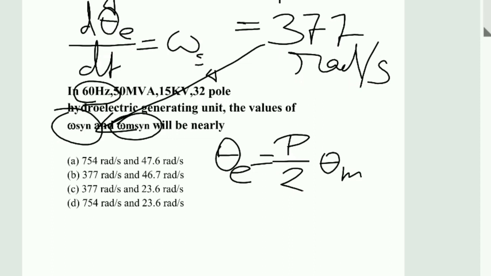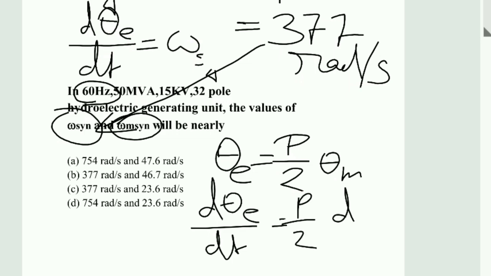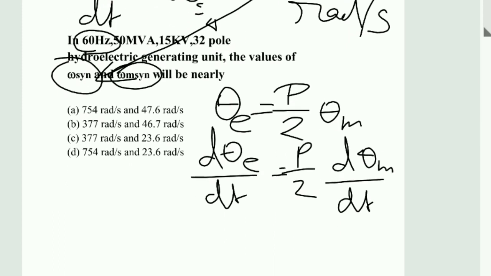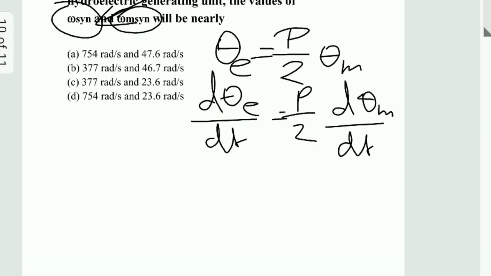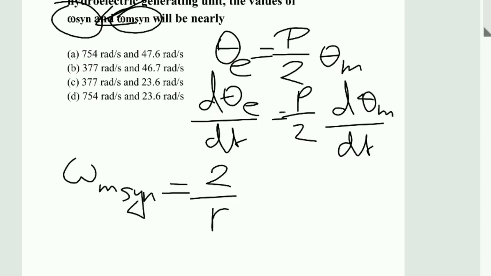So if we differentiate both sides then we will get d theta e by dt equals p by 2 d theta m by dt. So this is omega synchronous and this is omega m synchronous equals 2 by p omega s, right?